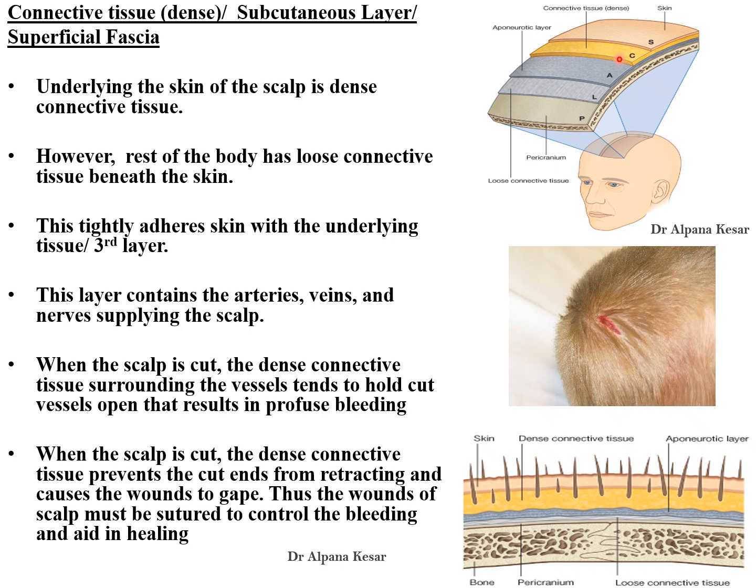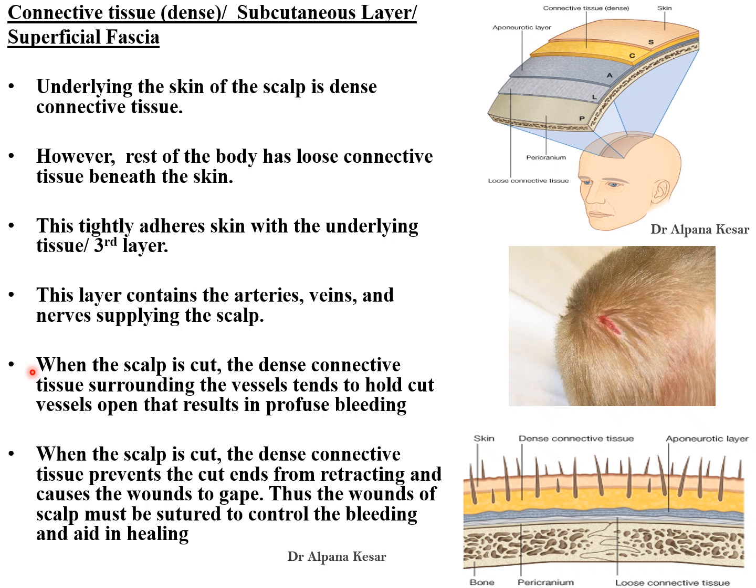Dense connective tissue layer helps skin to be tightly adhered to the third layer, that is the aponeurotic layer. So when we move the skin of the scalp, we move all the three layers, that is skin, connective tissue and aponeurotic layer, as a single entity, and these three together are known as scalp proper.